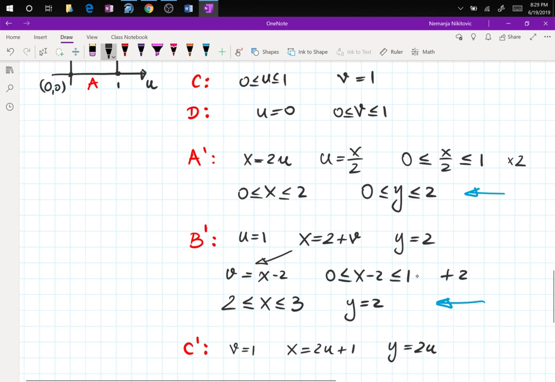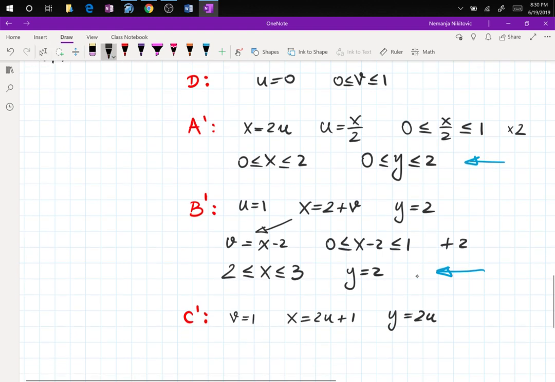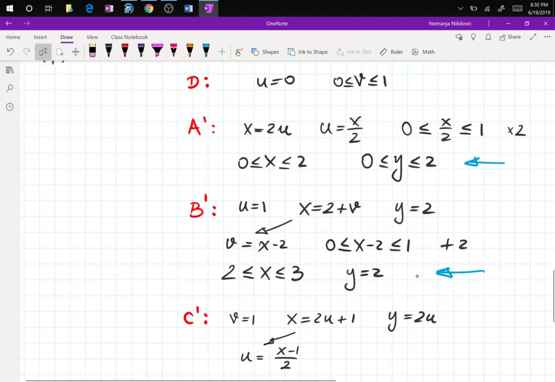Now, when you calculate your u from here, your u is equal to x minus 1 over 2. And that's what goes between 0 and 1.